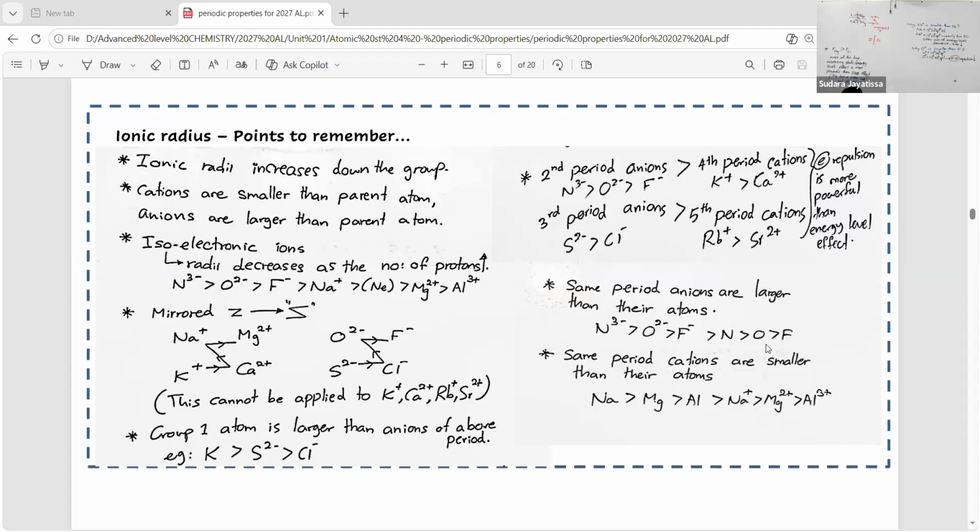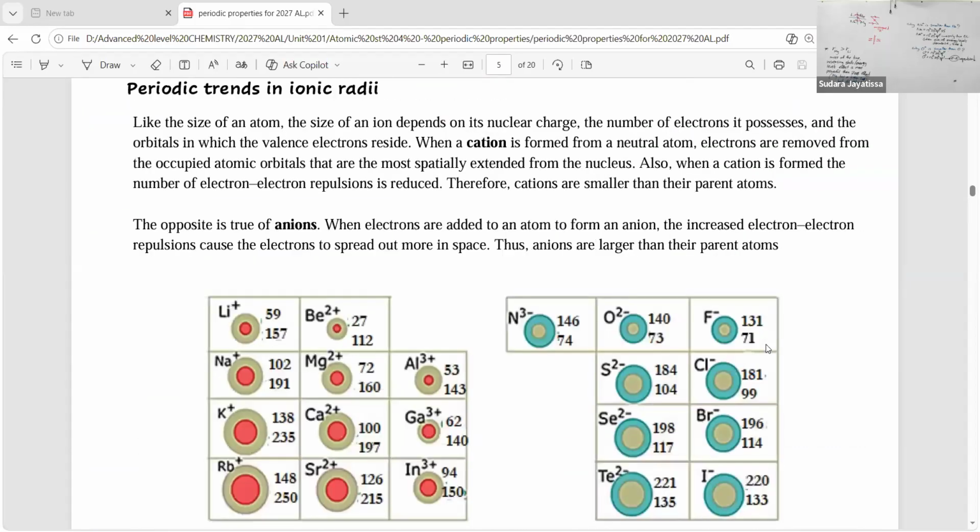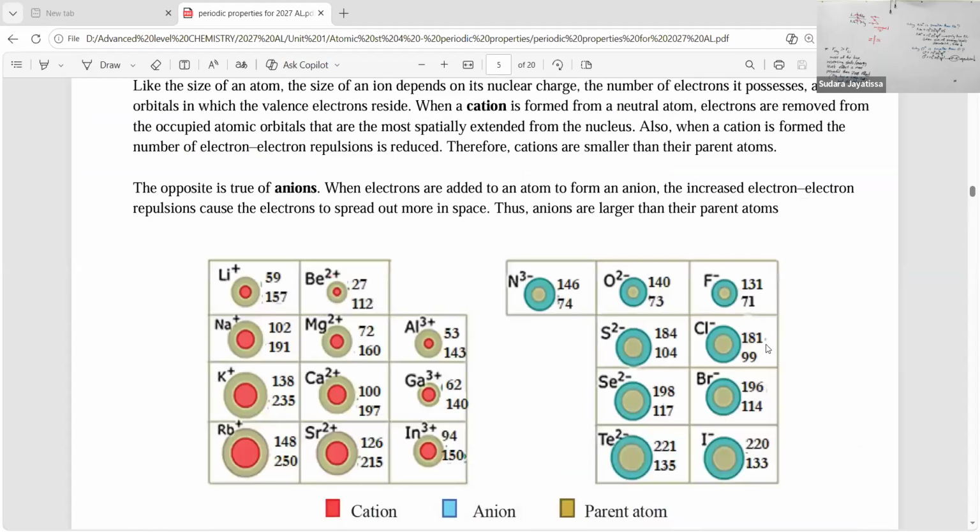Group 1 means potassium. Potassium is larger than sulfide and chloride. See whether it is correct. Potassium atom size is 235, and sulfide and chloride are 184 and 181. And check for sodium: 191 is larger than 140 and 146.